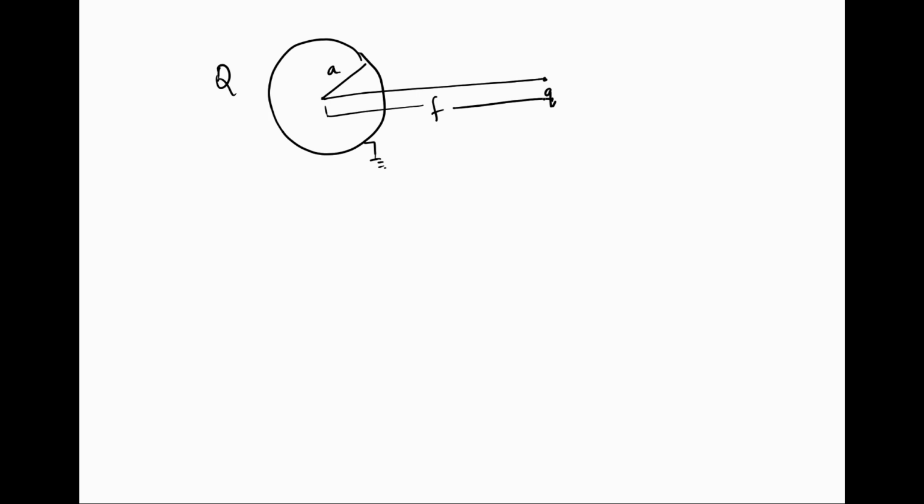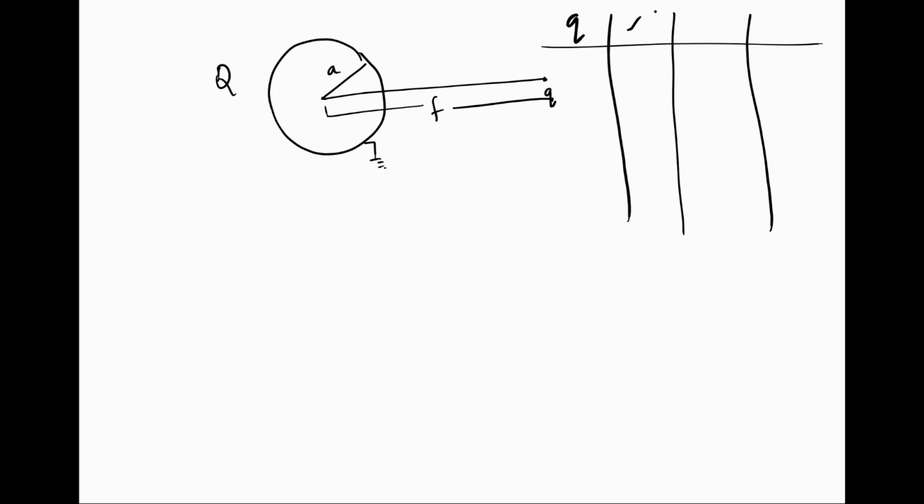So we will take one scenario. We will make a table. This is Q V, this is Q dash V dash. This is for the point charge, let us say I will call it C, and this is for the conducting sphere.